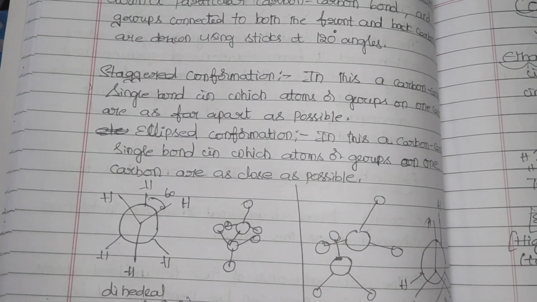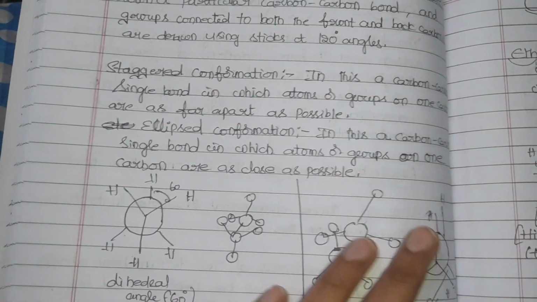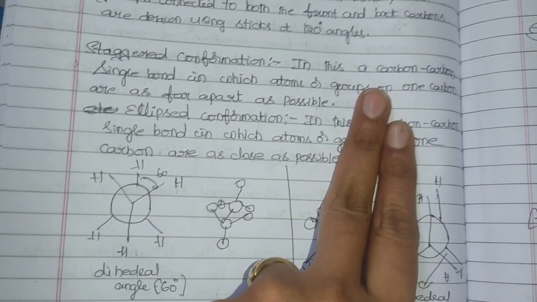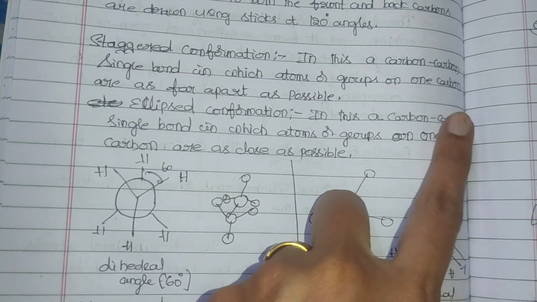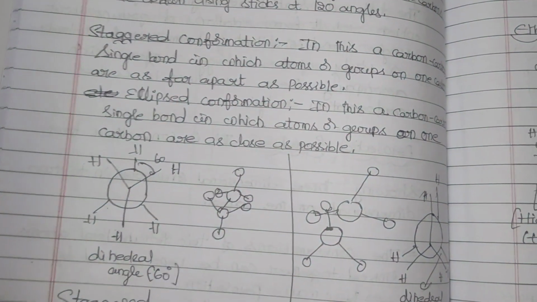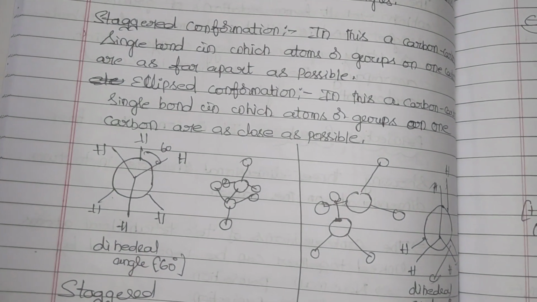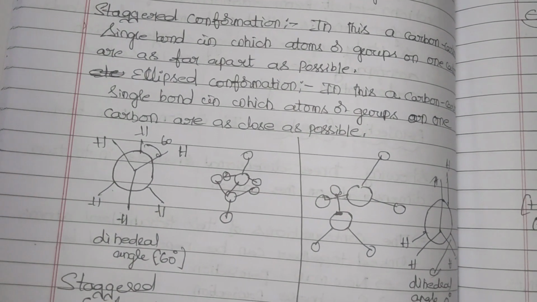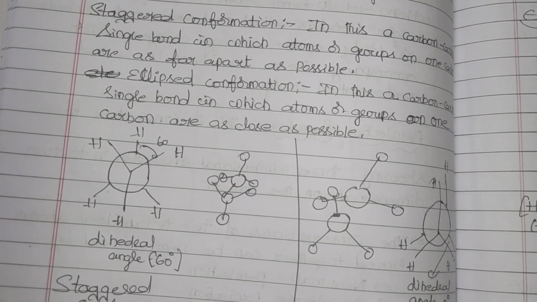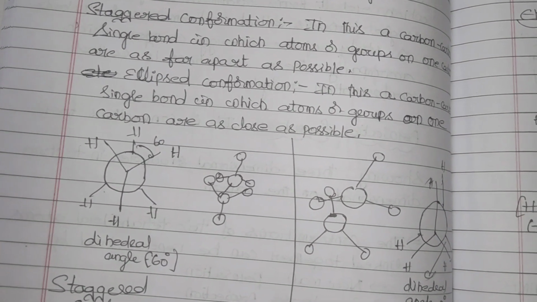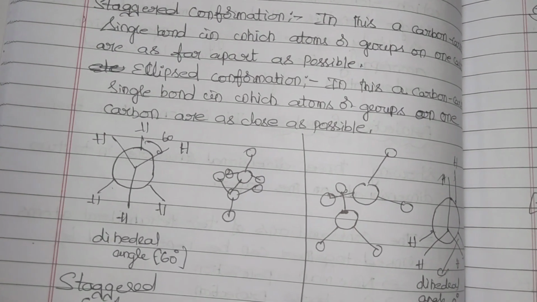Again, there are different conformations like staggered conformation and eclipsed conformation. In staggered conformation, about a carbon-carbon single bond, the atoms or groups of one carbon are as far as possible from those of the other.